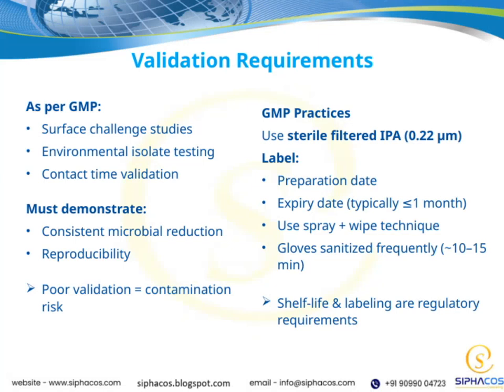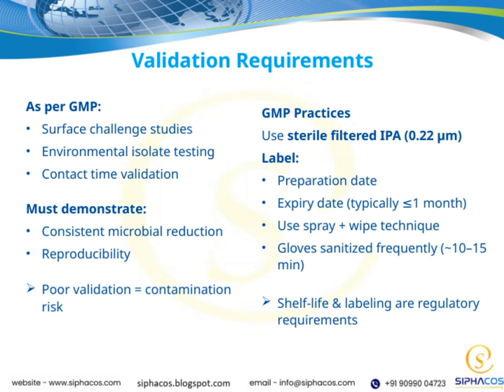Now, let's talk about GMP practices to ensure our sterile processes are effective and compliant. First, we use sterile filtered isopropyl alcohol, specifically 0.22 micrometers, to maintain sterility. It's important to label each container clearly with the preparation date and the expiry date, which is typically no more than 1 month to ensure product integrity.